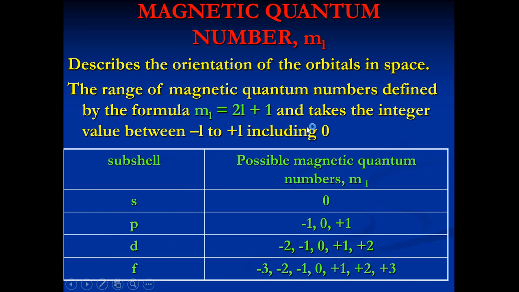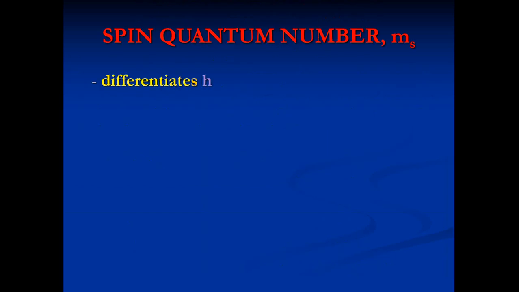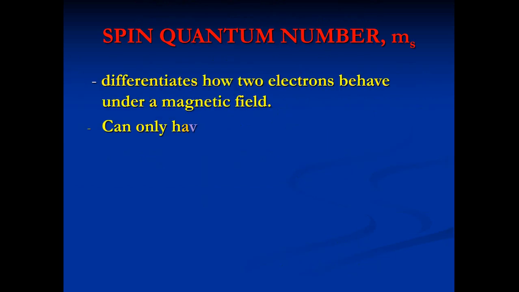Then the next thing that we are going to discuss is spin quantum numbers. The spin quantum number is trying to differentiate how 2 electrons behave under a magnetic field, and it can only have two possible values: plus half and minus half.